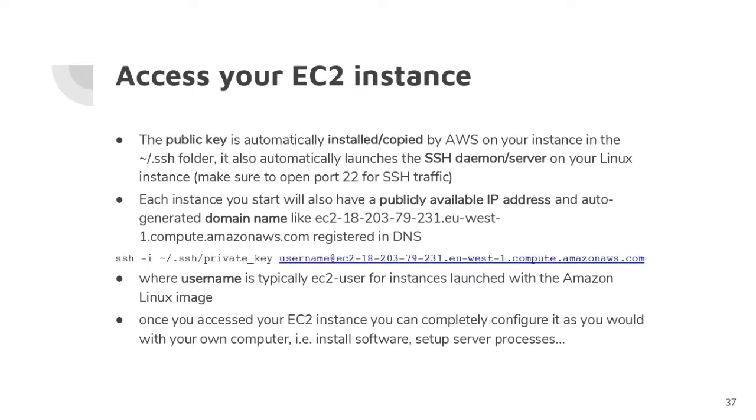You also have a publicly available IP address and a kind of auto-generated domain name like this one, ec2-18-203 and so on in DNS. And then you can, with this line, connect. So username, typically ec2-user, and so on.